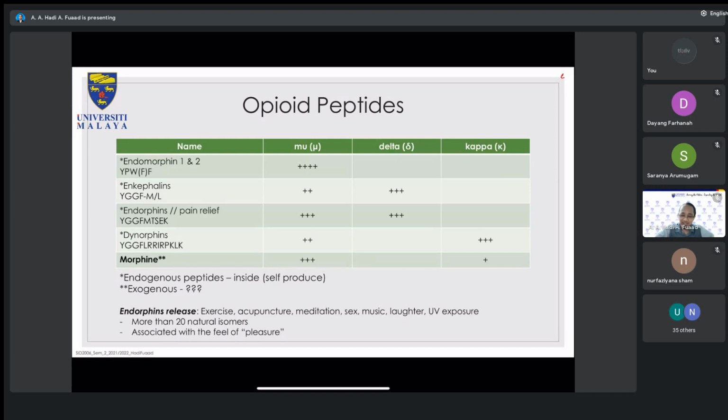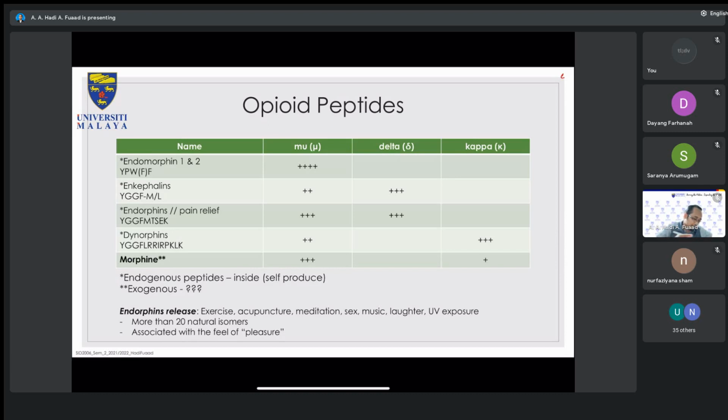The principle is pretty much the same, but opioid peptides are, for me, more interesting because not too long ago we had issues with morphine addiction and whatnot. So it's best to look into this rather than cannabis, although cannabis is still an interesting story, because it is legal in the US but not legal in Malaysia. But that's a different story. Probably your juniors will hear about that instead of opioids.